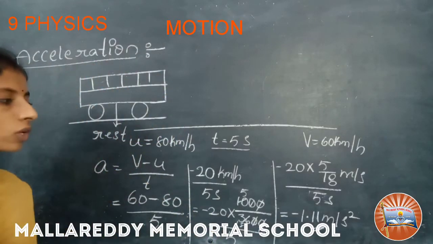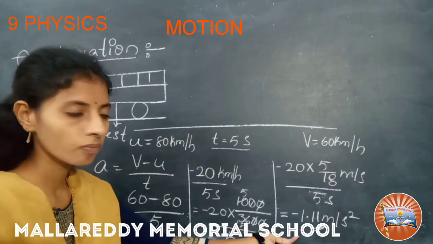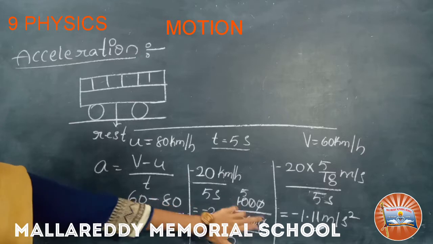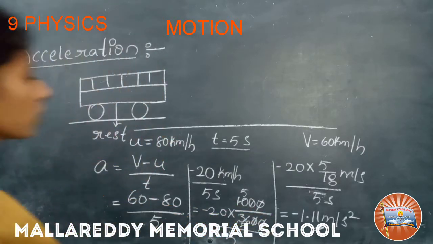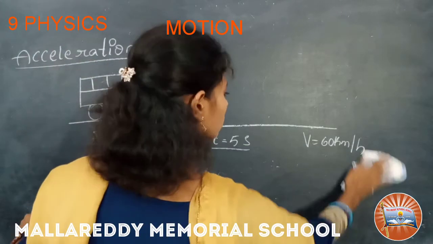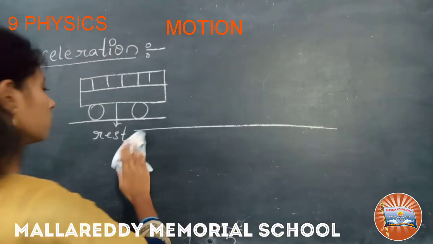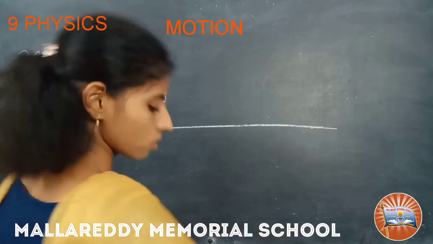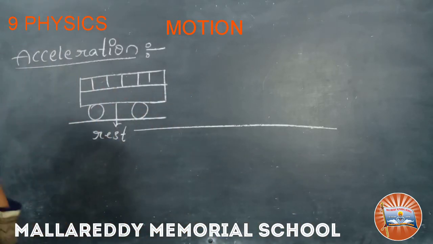Okay, here we got the value in minus. Remember this. I will give you one more example. I want to take the same bus. The bus is at rest actually, and when it starts, it's moving.